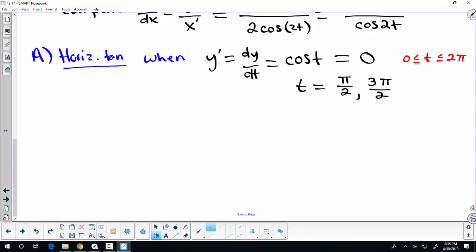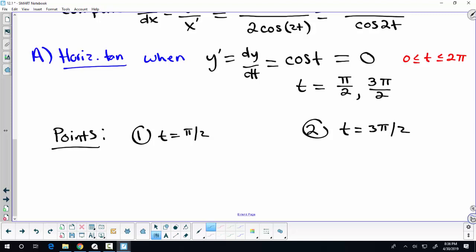And so the instruction said find the points, which were x, y. We have the t values at which the two horizontal tangents occur. So point number 1 occurs when t equals pi over 2, and point number 2 when t is 3 pi over 2. So when t is pi over 2, our x is defined as sine of 2t, y is 2 sine of t.